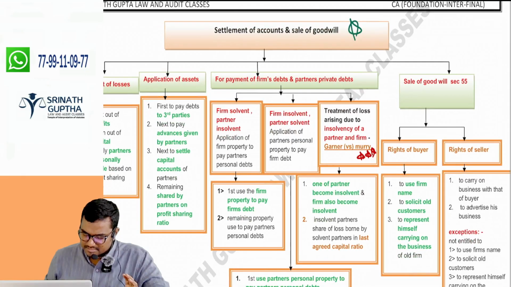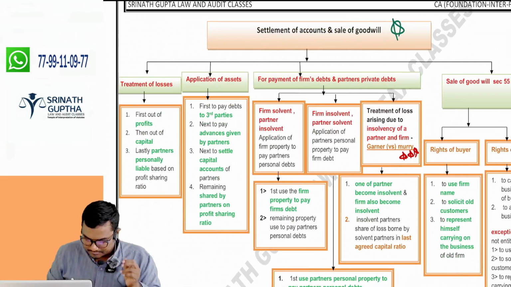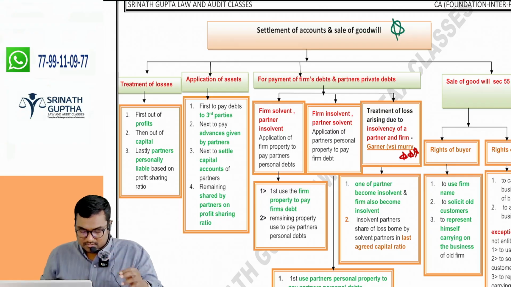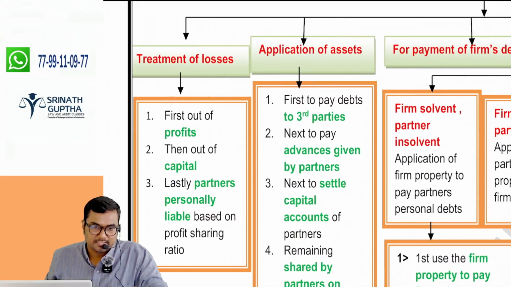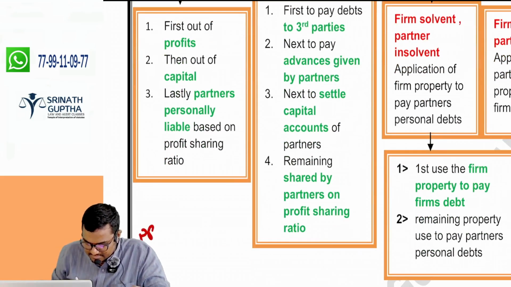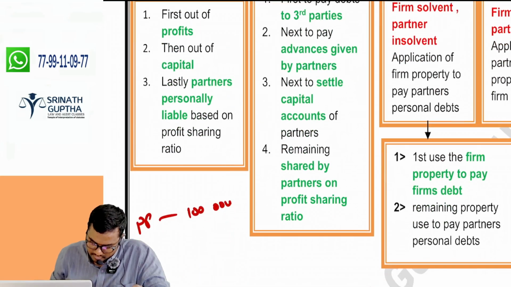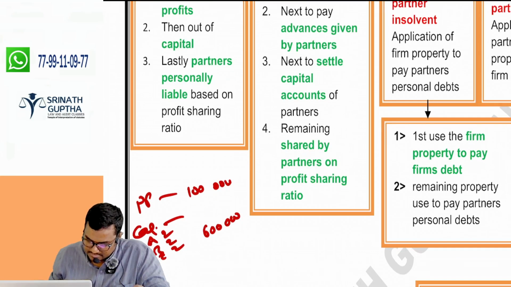Next, settlement of accounts and sale of goodwill. When the firm is closed, the firm may be in losses or in profits. Yesterday we discussed: net profits are 1 lakh, and capitals are 2 lakhs, 2 lakhs, 2 lakhs, so to A, B and C we have to pay 6 lakhs.